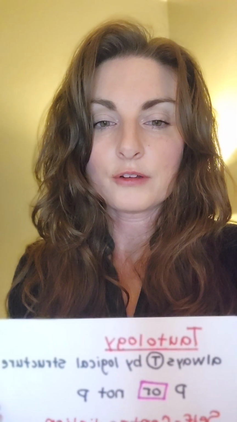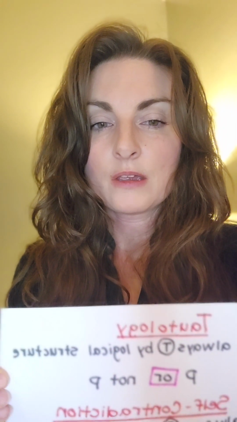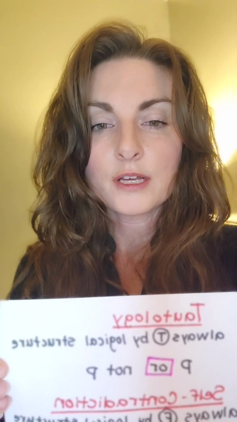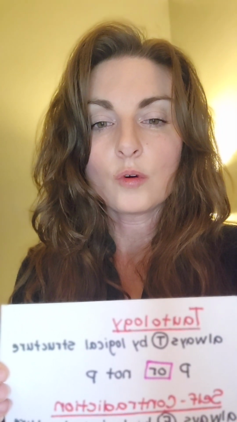Nothing changed within the sentence. It has the same subject and the same predicate, and it says he is or is not. Or is the important word there. This can be represented by P or not P. I'm just going to show you tautology right here first. All right, tautology: always true by logical structure, and it can be written P or not P.